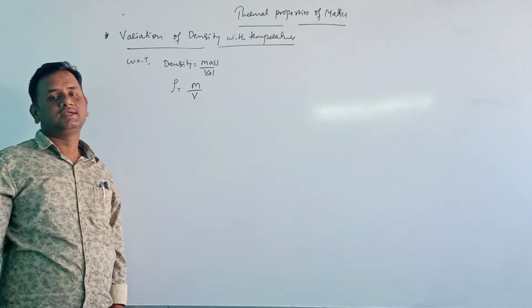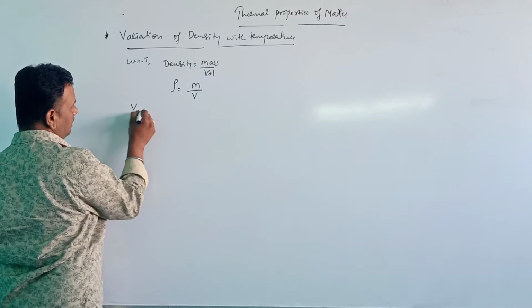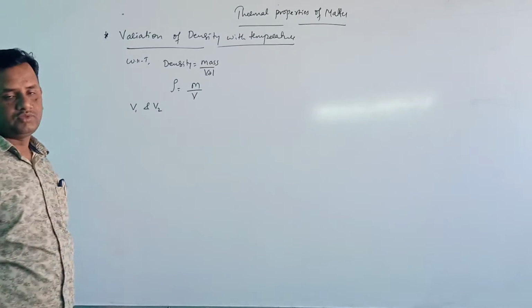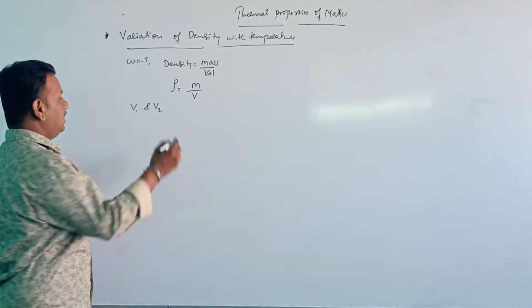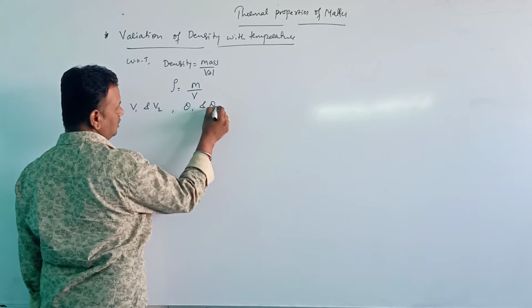Now let us consider V1 and V2 as the volumes of the body at temperatures theta 1 and theta 2.